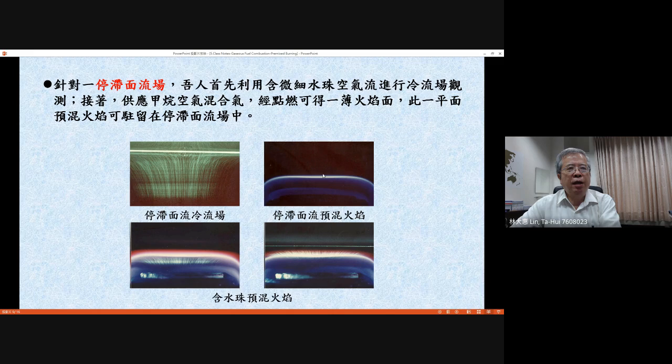This is very similar to a one-dimensional theoretical model.